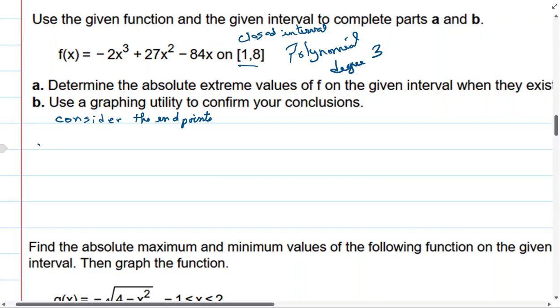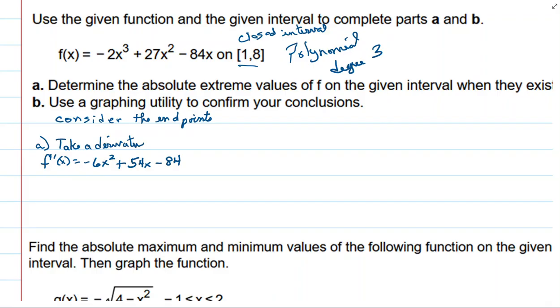So our first step is to take a derivative. Negative 6x squared plus 54x minus 84. Really a good little one, right? So we're going to set it equal to 0, right?